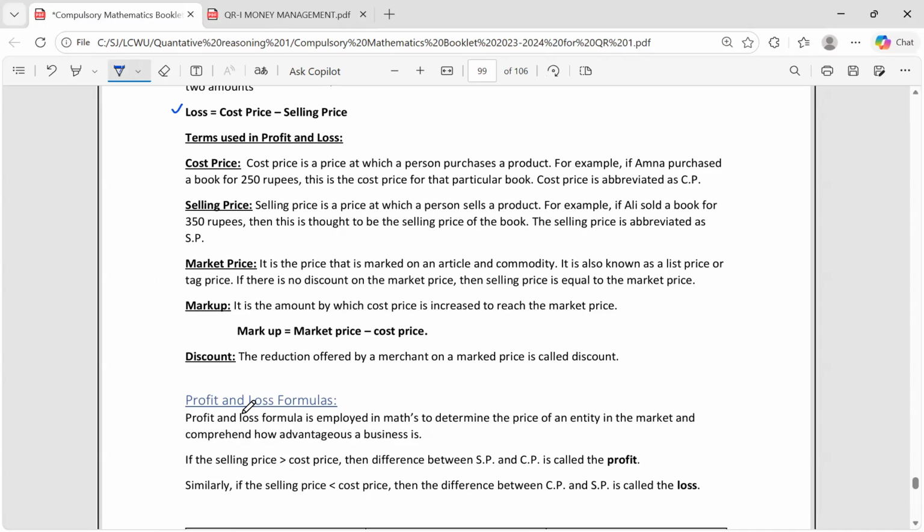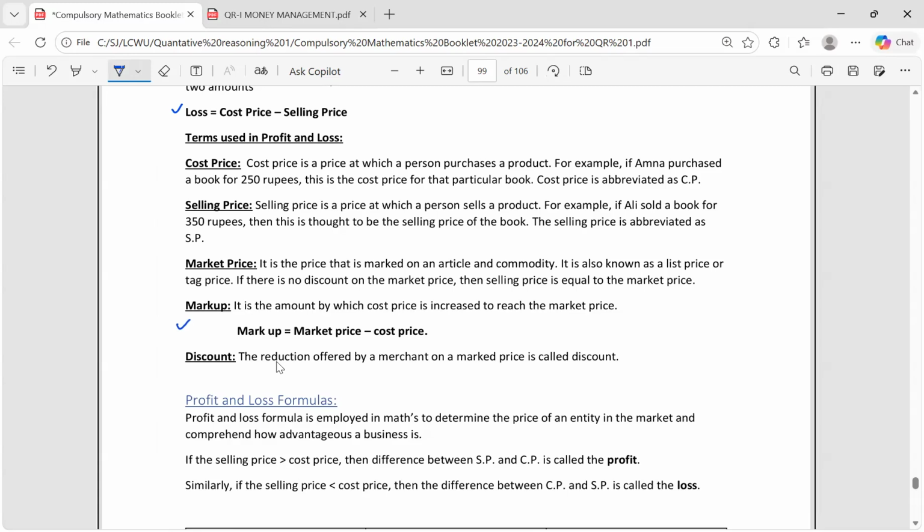It is also known as the list price or tag price. Sometimes it is different from the purchase price because the cost price is the price at the time of purchase, while market price is the price at which that product is being sold in the market.